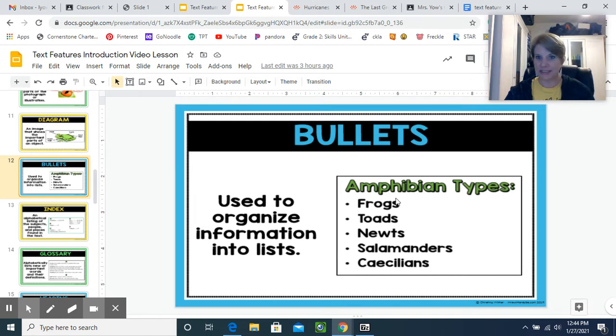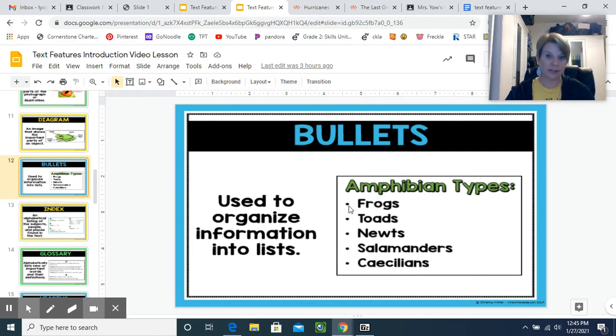So this list is a list of different kinds of amphibians, so amphibian types, and each new little dot represents something in that list. So a frog is an amphibian type, a toad, a newt, a salamander, and a Sicilian. I might have pronounced that one wrong too, but each one of those are different parts of a list.